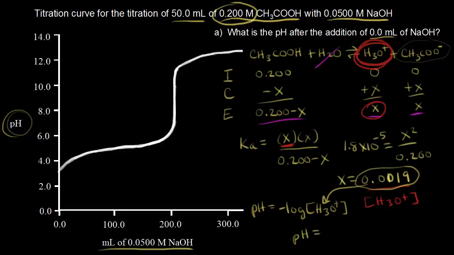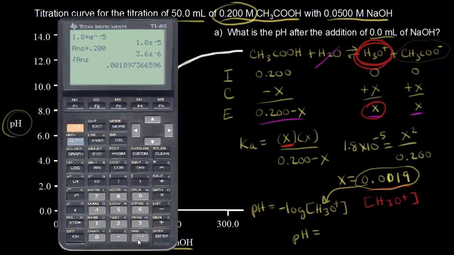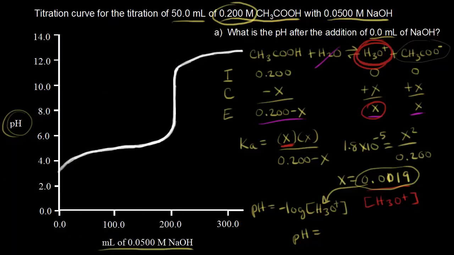So let's take out the calculator. The negative log of 0.0019 gives us the pH. And so we get 2.72. So the pH is equal to 2.72. So before we've added any base, so 0.0 mLs of sodium hydroxide, the pH should be 2.72.